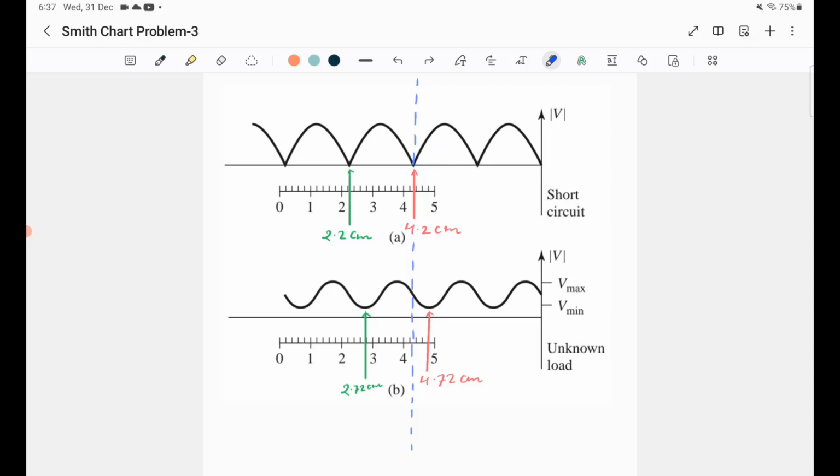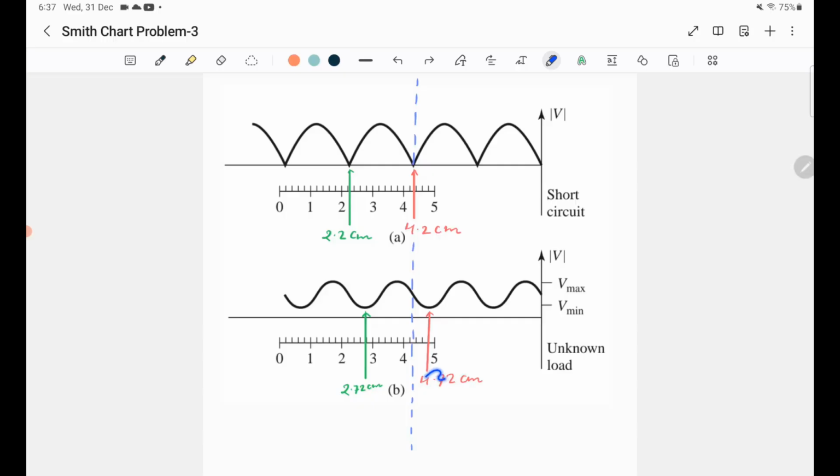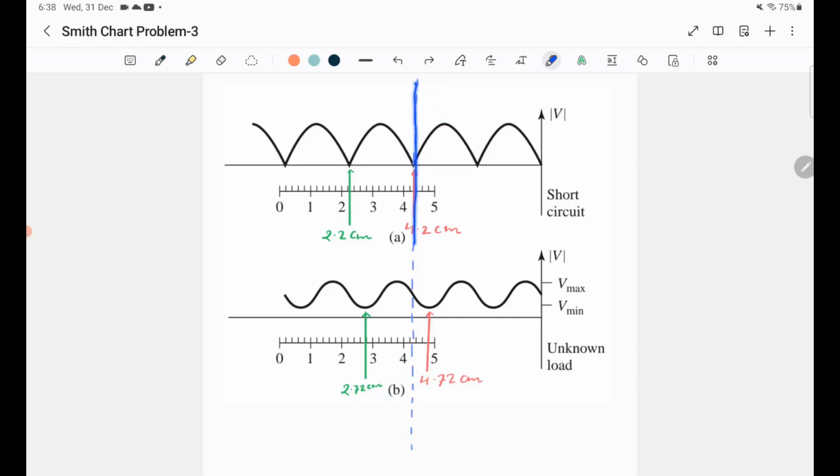Now in step 1, the voltage minima was measured at 4.2 centimeters and at 2.2 centimeters. And after replacing the short circuit with the unknown load, the voltage minima has shifted to 4.72 centimeters and 2.72 centimeters.